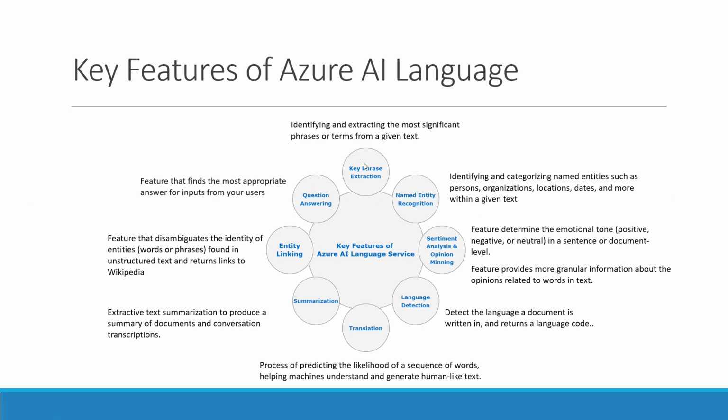Key phrase extraction is identifying and extracting the most relevant phrases from the given string. When you give some document or some strings, it is used to extract the relevant information out of it. And named entity recognition: what is named entity recognition? It identifies and categorizes the entities.